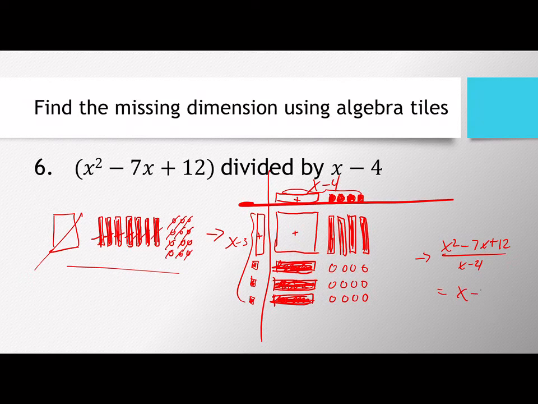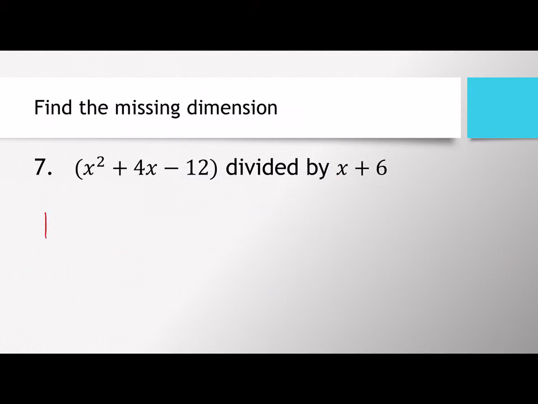One more for missing dimension. We need x squared plus 4x minus 12 divided by x plus 6. Let's model our x squared. It's positive x squared. Positive 4x's. And subtract 12, which means minus 12's. Okay, all of these need to be arranged into a rectangle according to the one clue that I have.